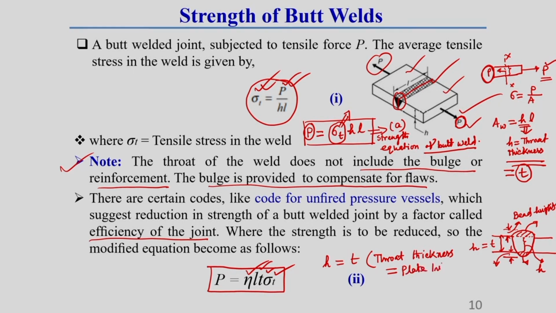Now, eta is called the efficiency of this butt joint, and sigma t is called the permissible normal stress of the weld. So, if the permissible stress is sigma t, then we can easily find out how much load this structure can sustain if it is subjected to a butt weld.